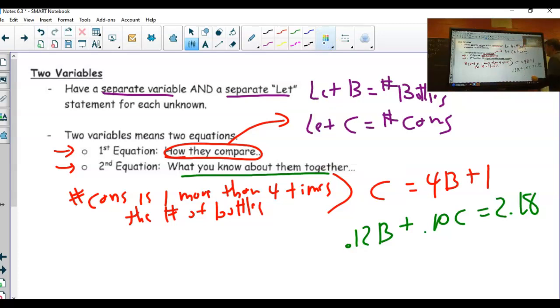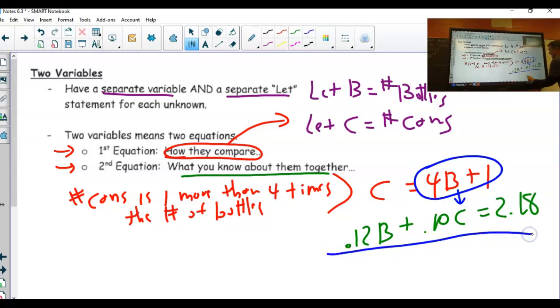One way to solve this would be to substitute what c equals in place of the c. And that would give me 0.12b plus 0.10 times, instead of c, 4b plus 1, equals 2.18.